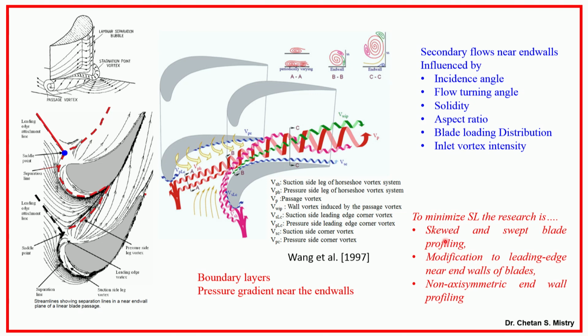People have preferred skewed and swept kind of blading. Then they have modified the leading edge. Rather, you need to avoid the formation of the horseshoe vortex in that region. For that they are putting a special kind of shape near the leading edge. Non-axisymmetric end wall profiling, that is what I am saying.